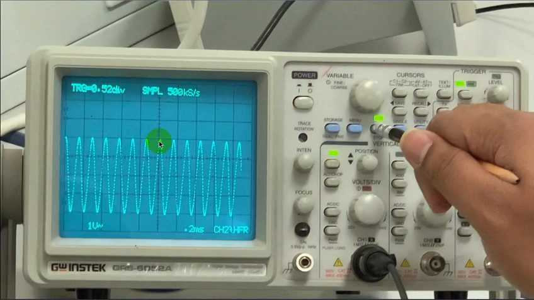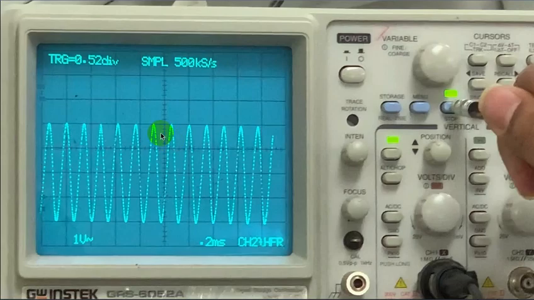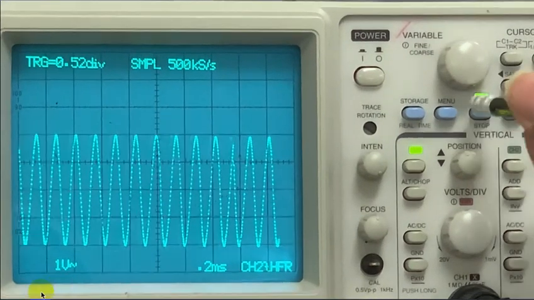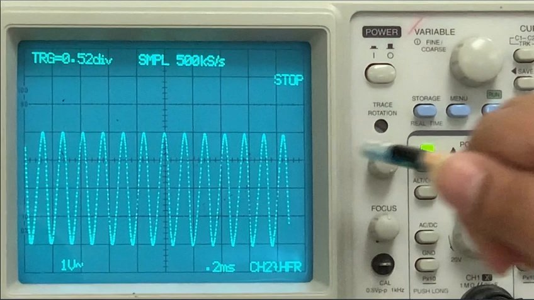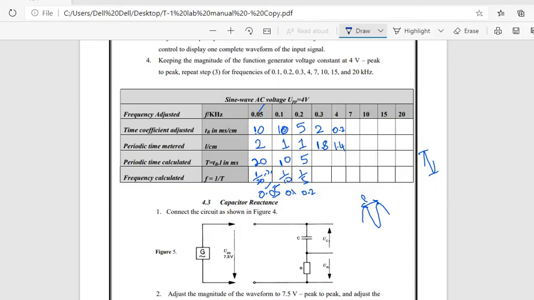It will be not exactly 1, around 0.7. So let us write it as 0.2 into around 0.8. You will get approximately right.